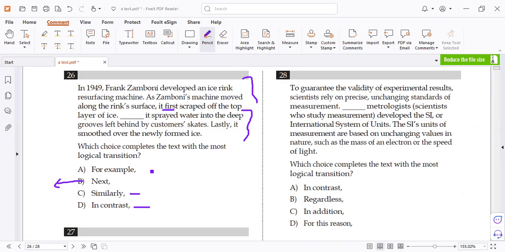28. Letter C, wrong. Oh, let me read again.